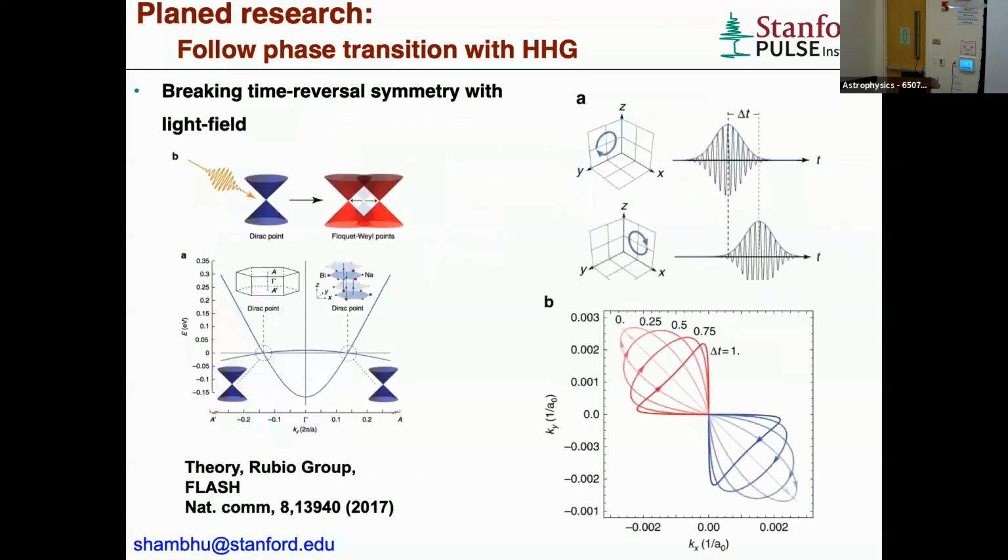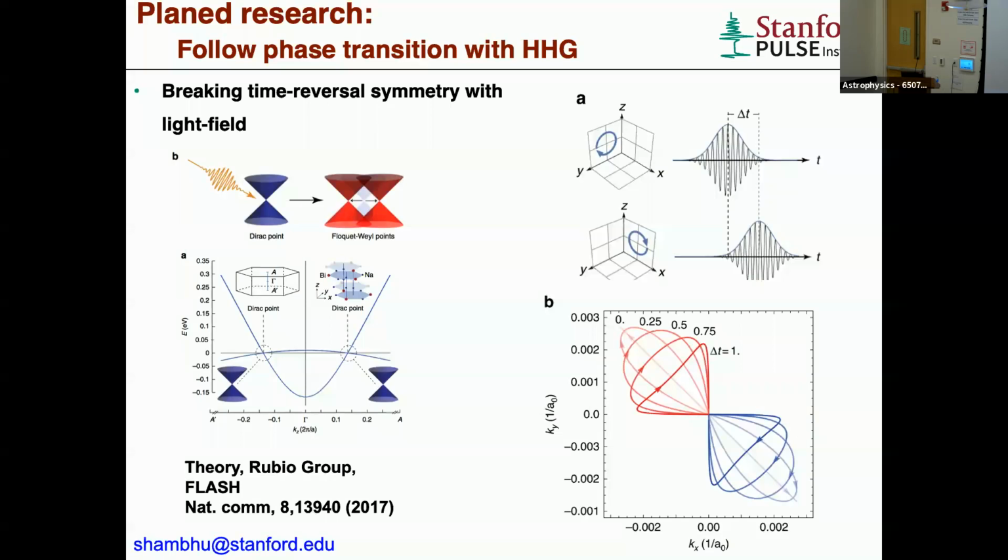And if that becomes successful, then we could do something fancy. For example, testing this theory, where they claim that by using circularly polarized laser fields, you can break time reversal symmetry in these materials and produce a replica of these Weyl points.